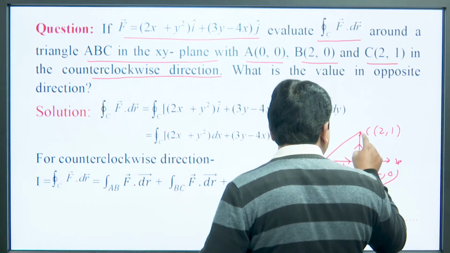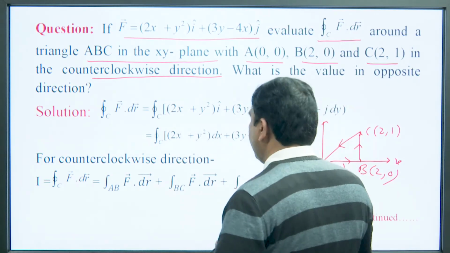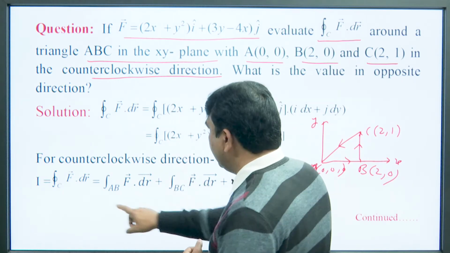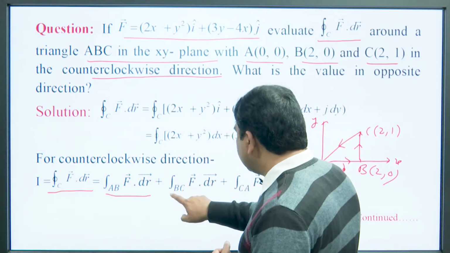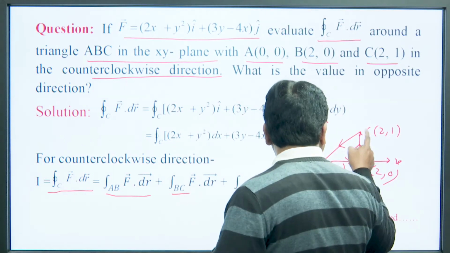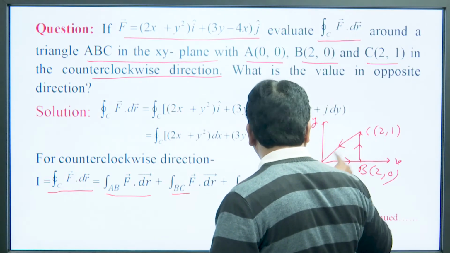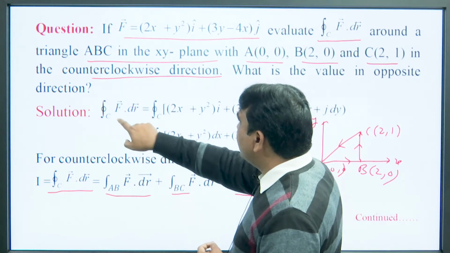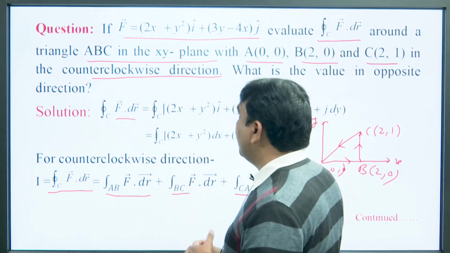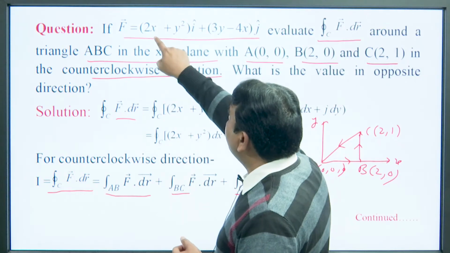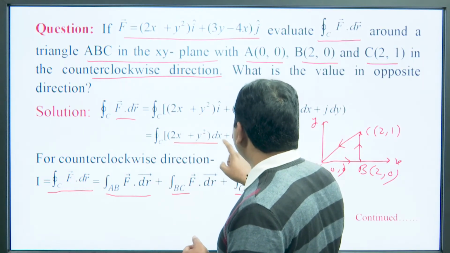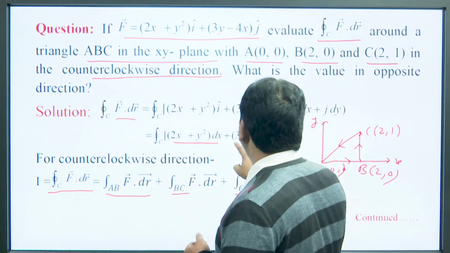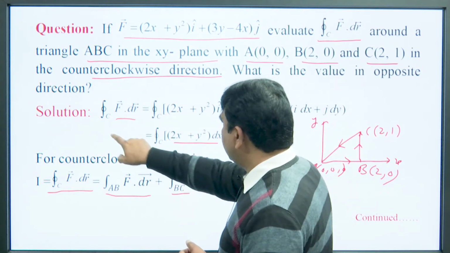So A to B, B to C and then C to A. In this way you can find the line integral of f dot dr along AB plus along BC plus along CA, in the counterclockwise direction. Now, what is the value of f dot dr? f dot dr is f1 dx, that is (2x plus y squared) dx, plus f2 dy, (3y minus 4x) dy. This is the line integral.